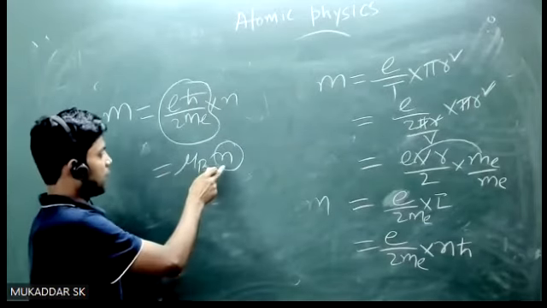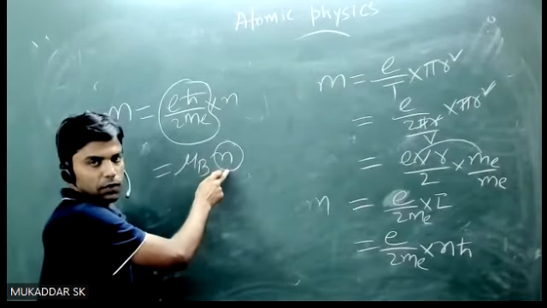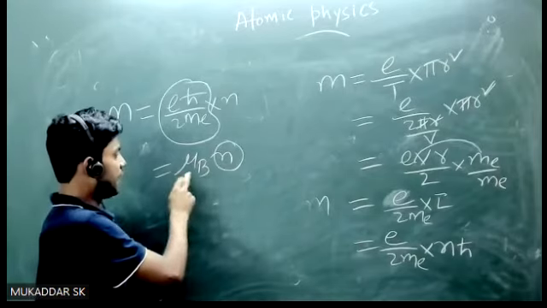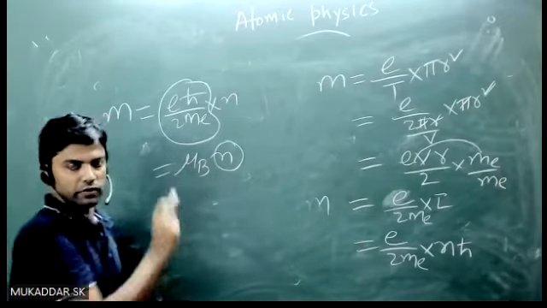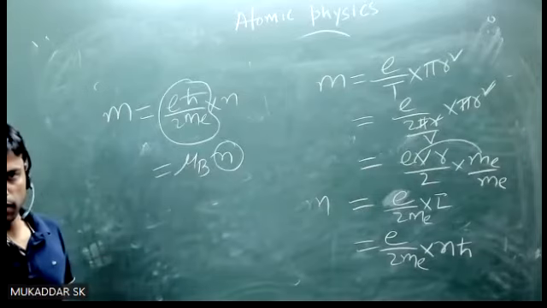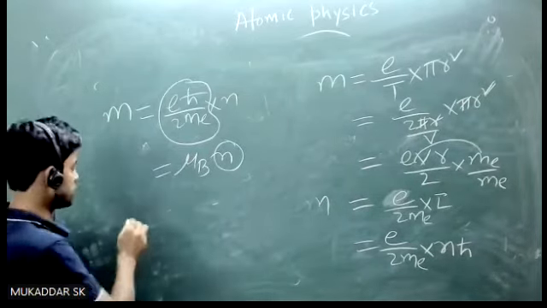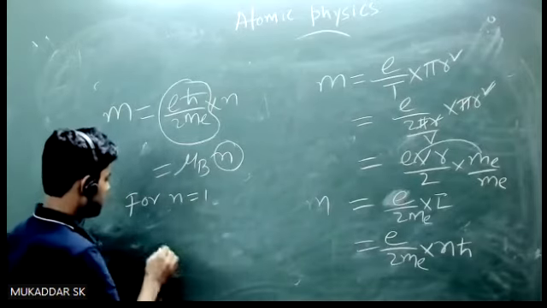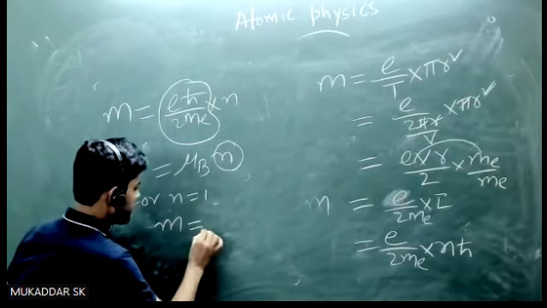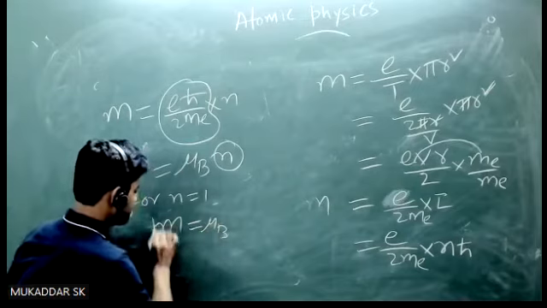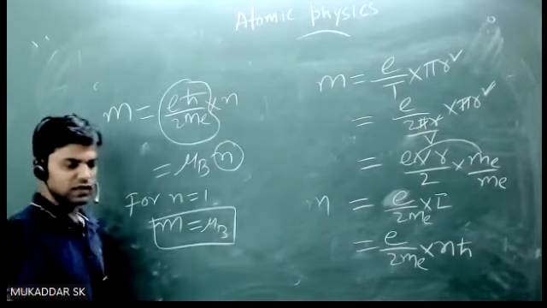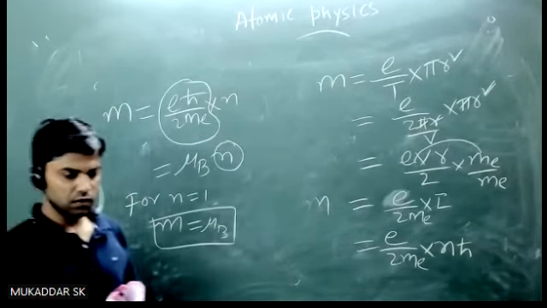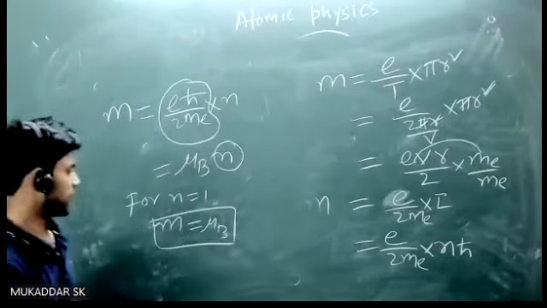The magnetic moment due to the nth orbital motion is n into mu B, and for the ground state, n equals 1, so it is simply mu B. Is it clear? Okay.